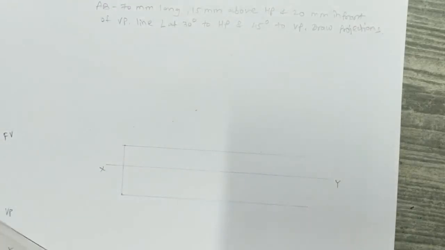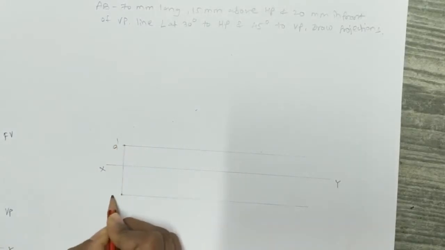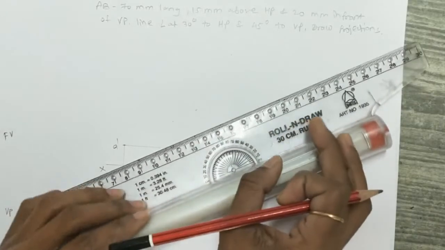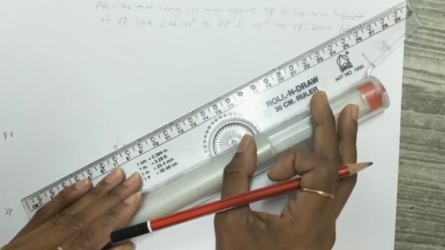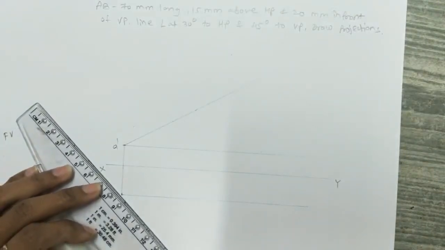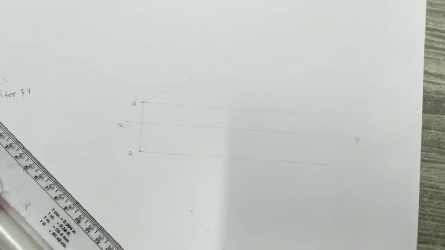Mark this as point A dash and this as point A. Now I have measured the angles. Then I will draw a line like this.